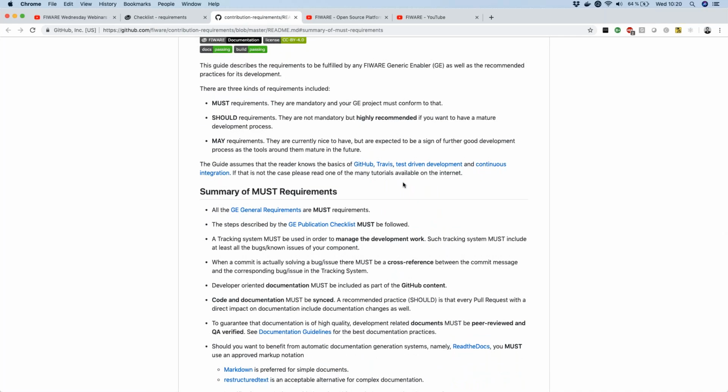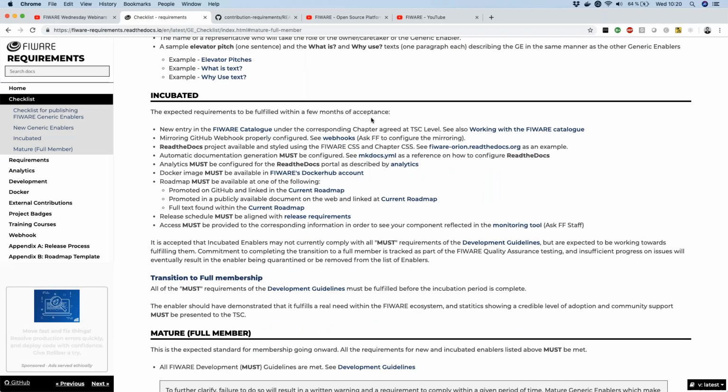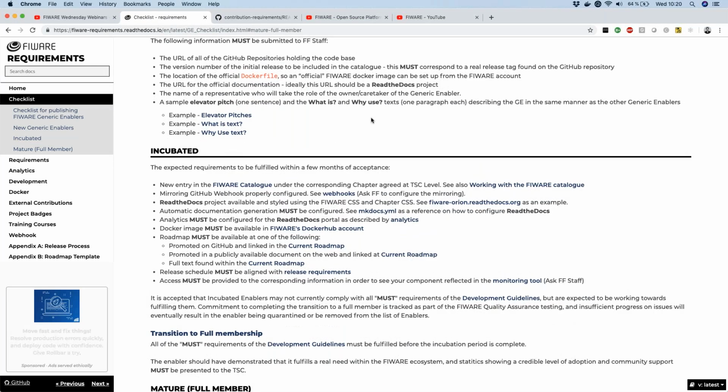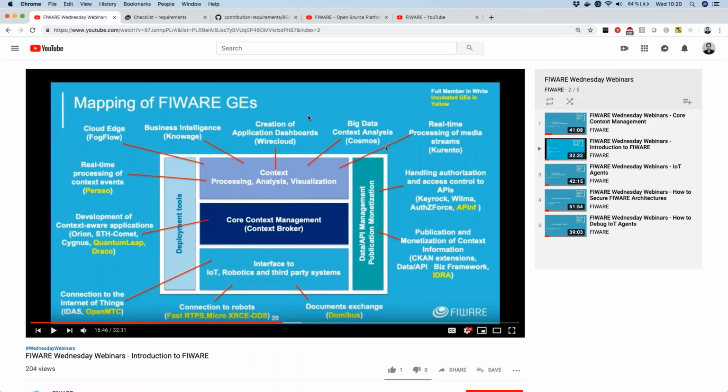So it must be open source. It must be able to work with context data. The full list of the requirements is actually in a rather dry document, which is again available on the web, saying what you need to do and how you need to do it. It means that everything we have here is somehow related to context data.